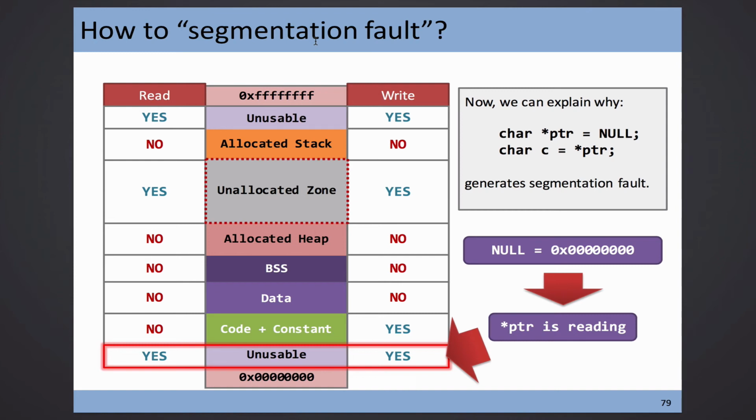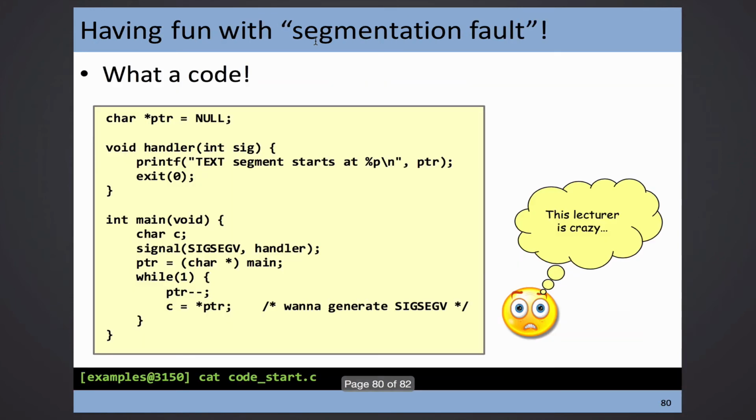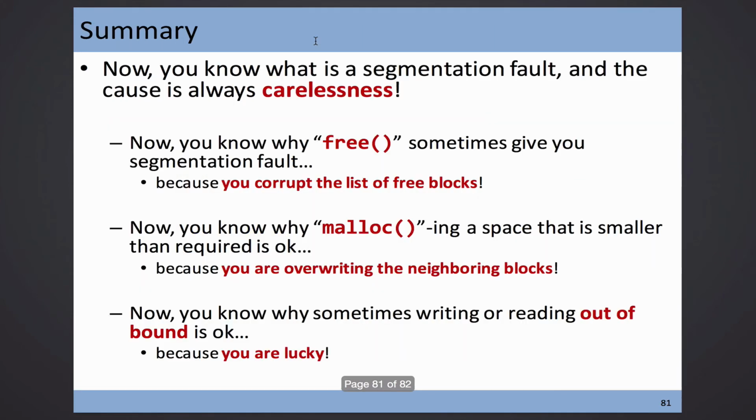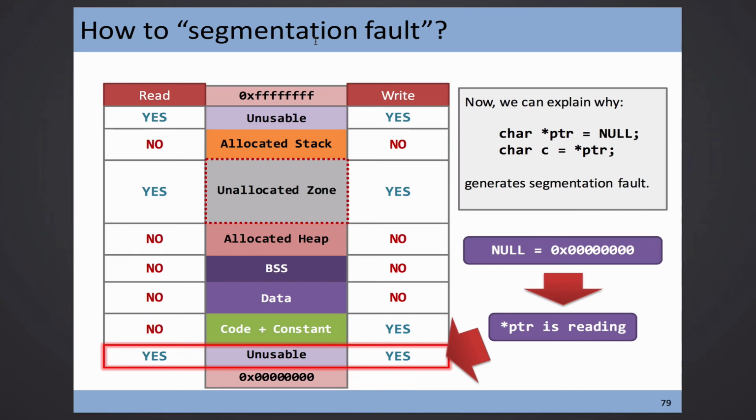Okay? So that means you can successfully keep on decrementing until when? Is it forever? No, it won't be forever. Once you drop to this border between the unusable memory and the code segment, you will generate a segmentation fault, because you will change from no to yes.